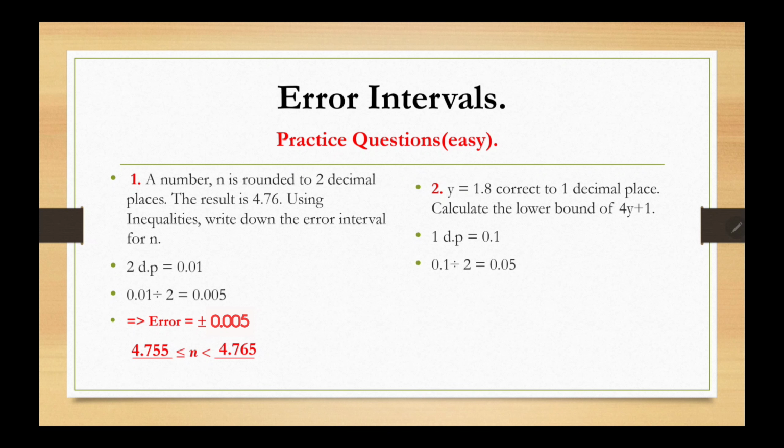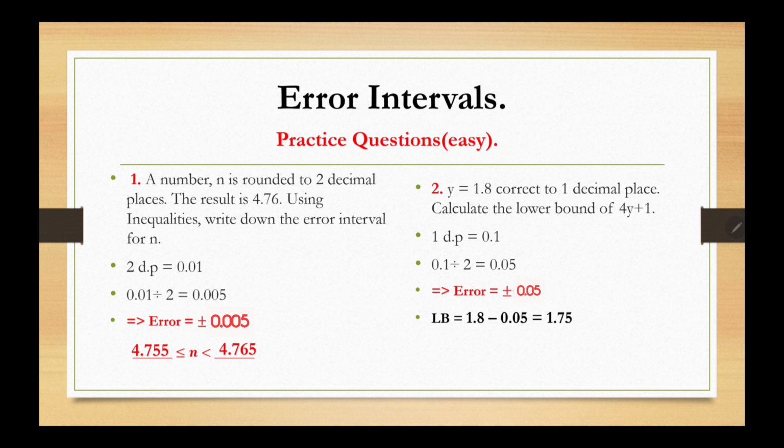So the error interval will be 0.1 divided by 2, which is 0.05. All right, so error here would be plus or minus 0.05. So for us to get the lower bound, we simply subtract 1.8 and 0.05.